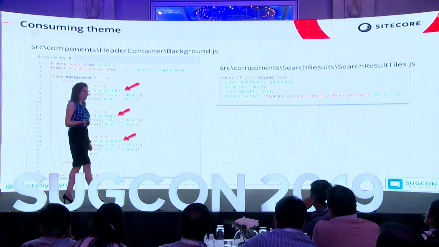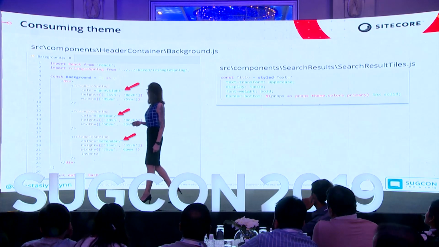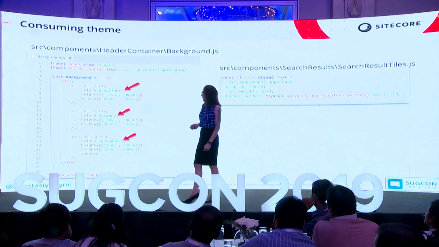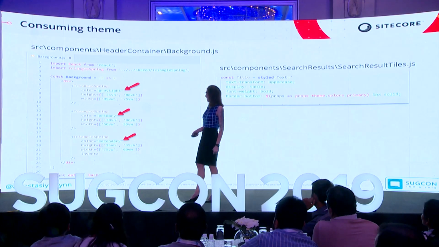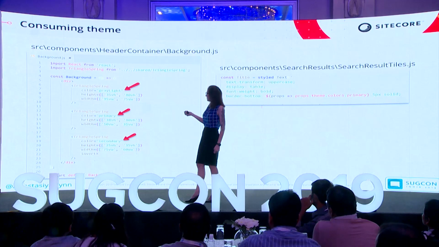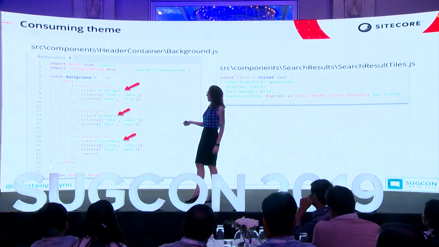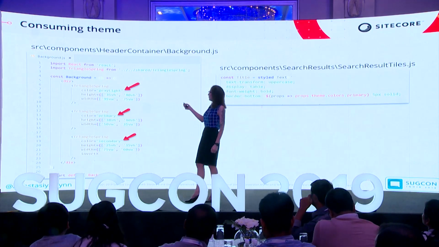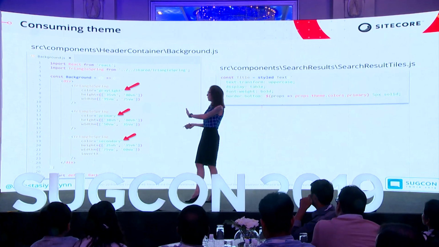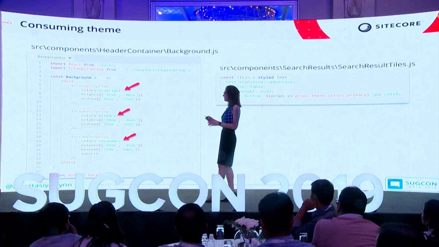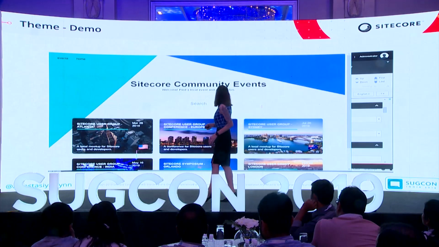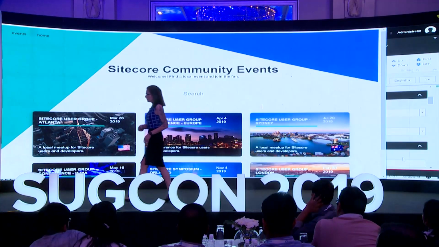And so this is an example of how they're used in a component. So I just have to reference a property from something in my theme. So what this means is that the content author, like if you're using a color throughout all of your components, would just have to change it in one place and it would be reflected everywhere. And this is, I think, my demo of it.